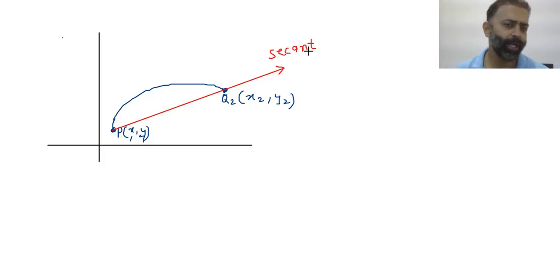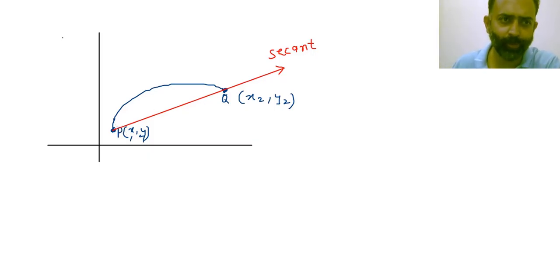Now the idea is, what if I bring this point Q closer to point P? Let us see how geometrically this affects the secant line.